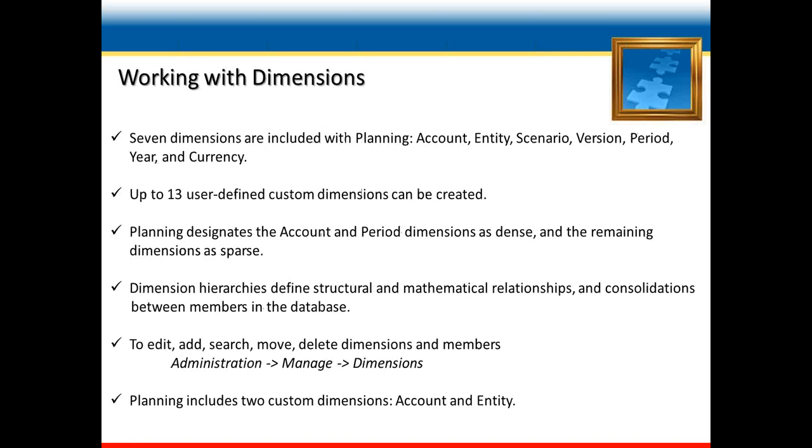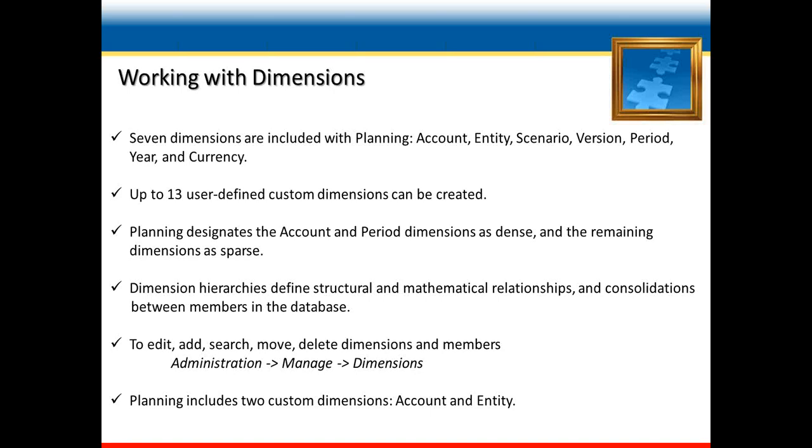And how is it about dimensions? By default there are 7 dimensions included with a planning application, which are account, entity, scenario, version, period, year, and currency. Two additional standard dimensions are included if the application is a multi-currency application.